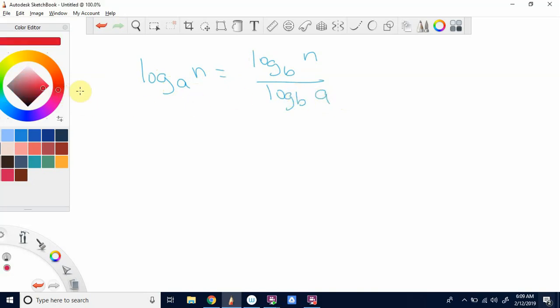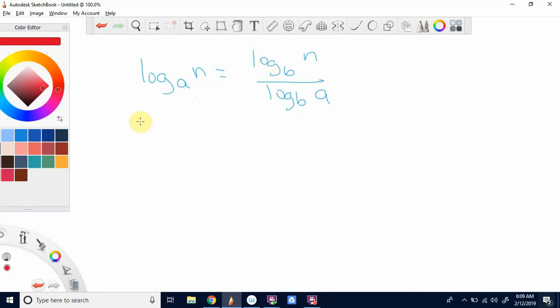So if you have a scientific calculator or regular calculator and you don't have a fancy calculator, you can put it in. This is called a change of base. Now on the test, you will have to do this and show your work. We normally change this to a common log, but it doesn't matter.